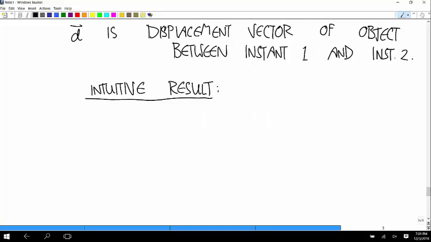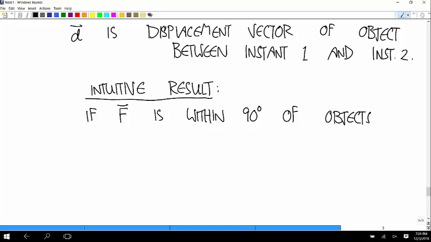If the force vector is within 90 degrees of the object's path, then W is greater than 0. Call that number 1.